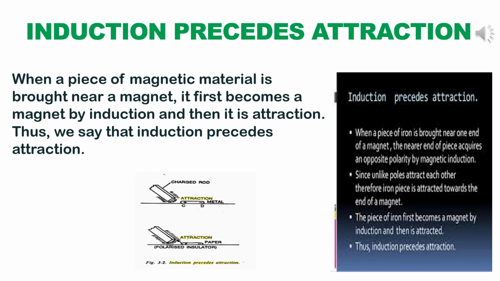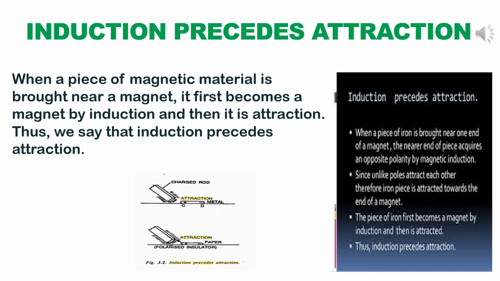So when a piece of iron is brought near one end of a magnet, the nearer end of the piece acquires an opposite polarity by magnetic induction. Since unlike poles attract each other, therefore the iron piece is attracted towards the end of the magnet. The piece of iron first becomes a magnet by induction and then is attracted.